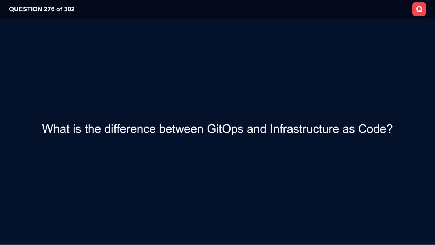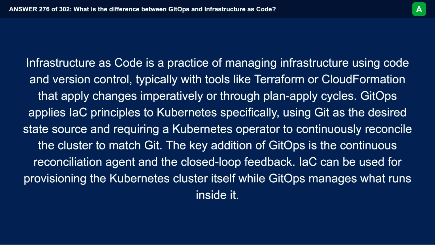What is the difference between GitOps and infrastructure as code? Infrastructure as code is a practice of managing infrastructure using code and version control, typically with tools like Terraform or CloudFormation that apply changes imperatively or through plan-apply cycles.